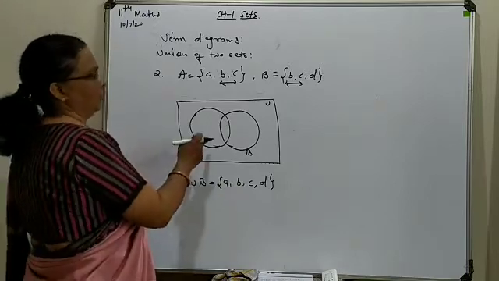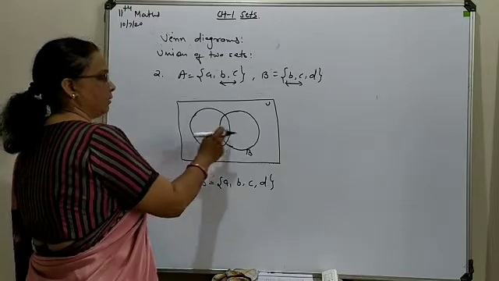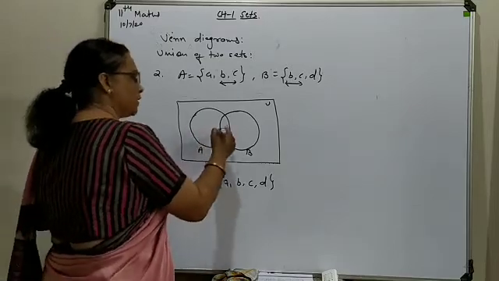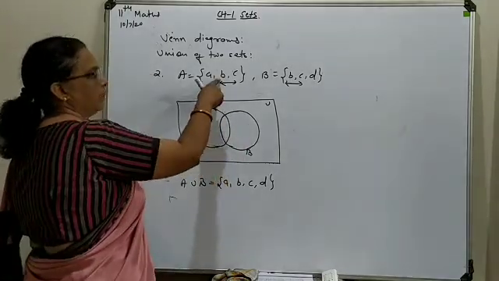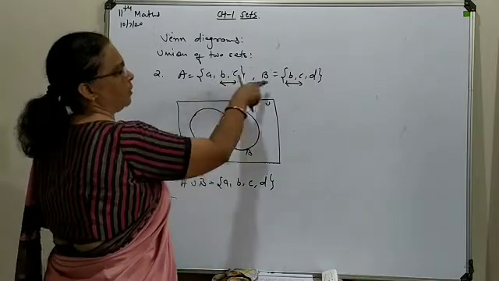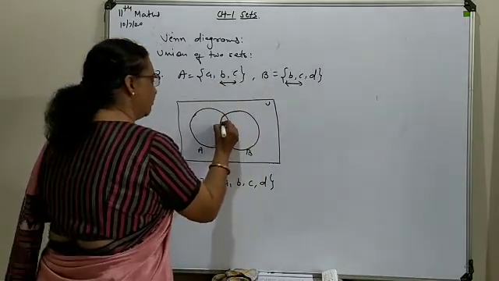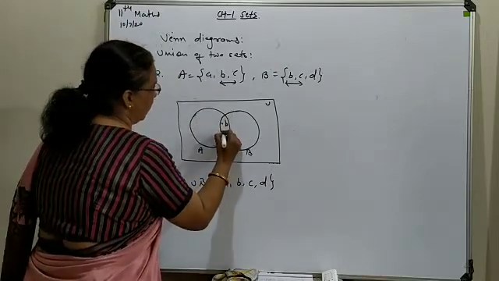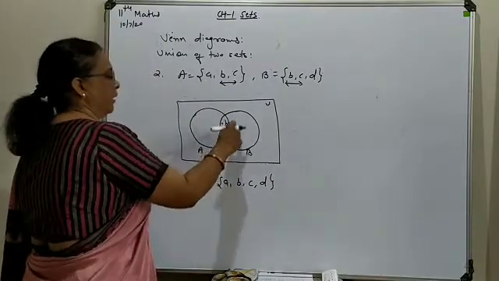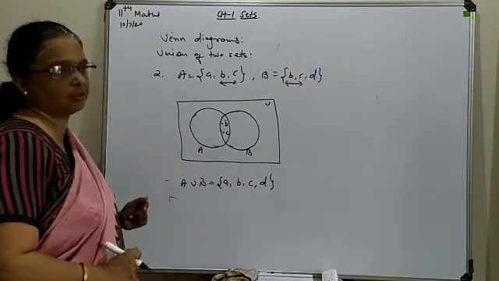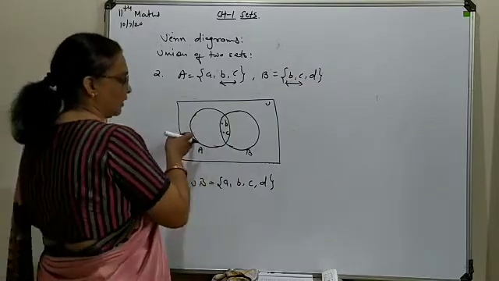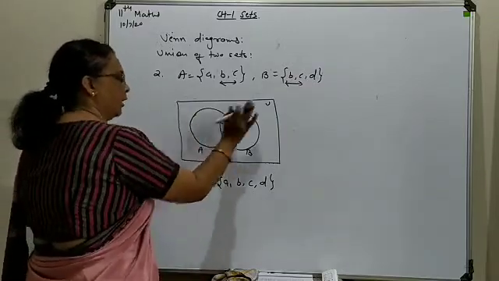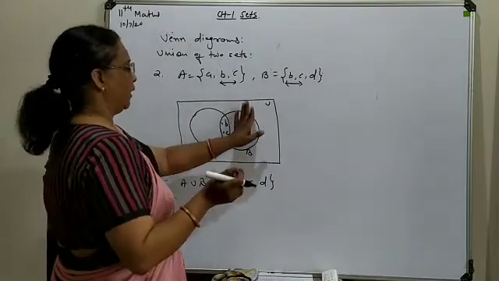Now, before writing the elements of sets A and B separately, in this common section you will represent the common elements between these two. Here we have two common elements, B and C, that you will place in this common section area. Now come to set A. If you look at this circle, just try to hide this one.